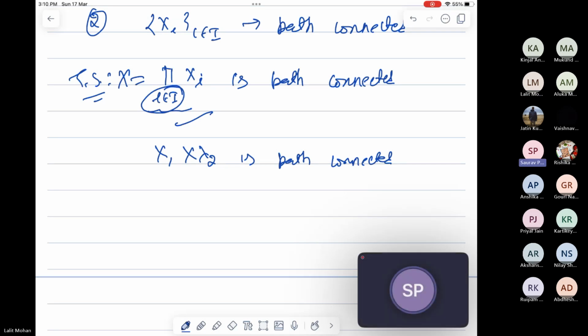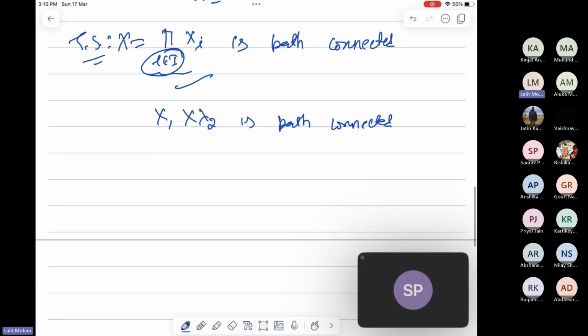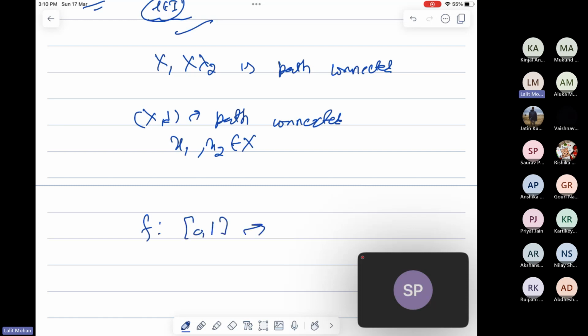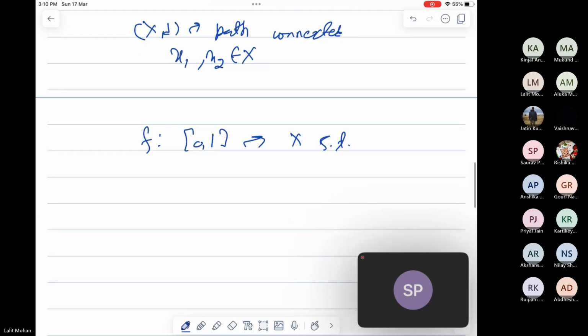Yes, sir. So we say that a metric space (X, d) is path connected if you pick any two points, say x1 and x2 belonging to X, and you are able to find a map from [0, 1] to X such that f of 0 is equal to x1 and f of 1 is equal to x2.